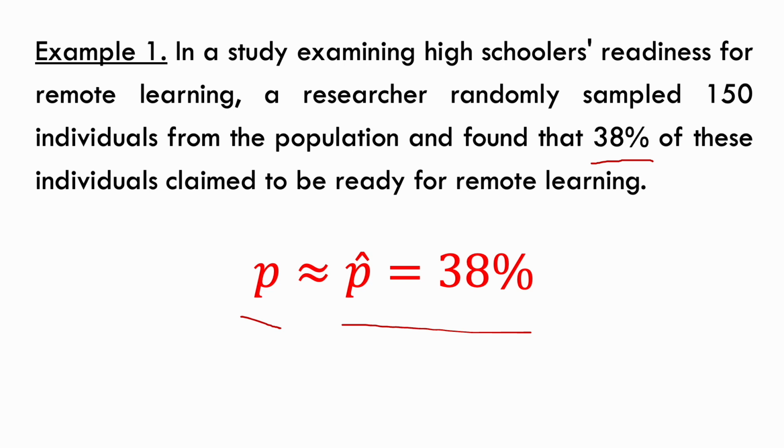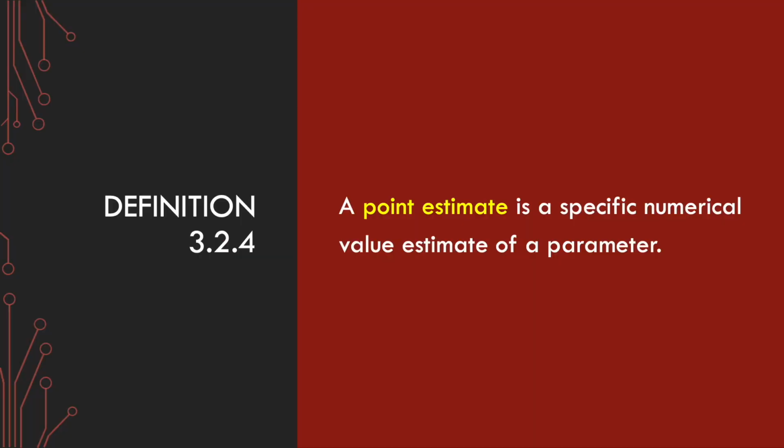And this is an example of what we call a point estimate. Ano nga ba ang point estimate? A point estimate is a specific numerical value estimate of a parameter. Meaning, ito yung estimate na exact number talaga yung ibibigay sa'yo. It can be in form of a percentage, a fraction, an integer, okay, or anything, basta number, specific number siya.